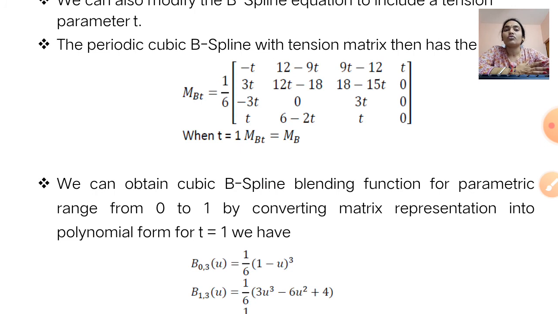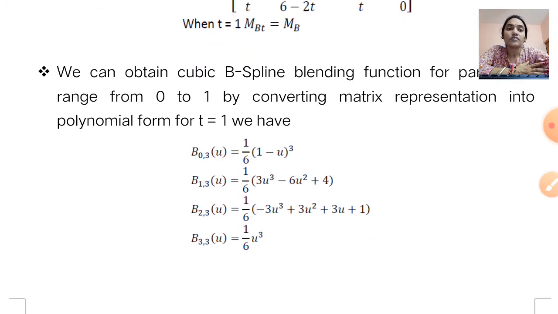For T equals 1 we have the following equations. b 0 comma 3 of u equals 1 by 6 into (1 minus u) whole cube, and this is your first control point. Then the second is b 1 comma 3 of u equals 1 by 6 into 3 u cube minus 6 u square plus 4. In this way we find the 4 control points.